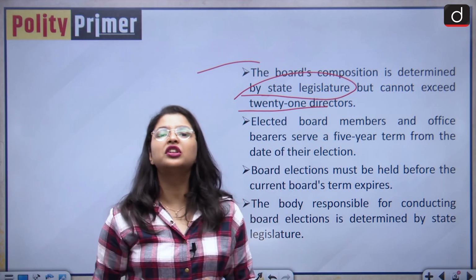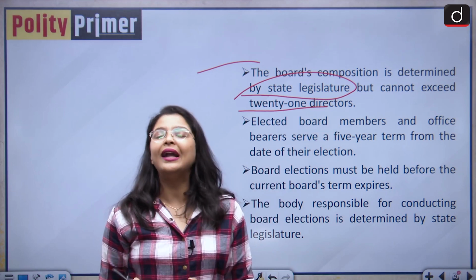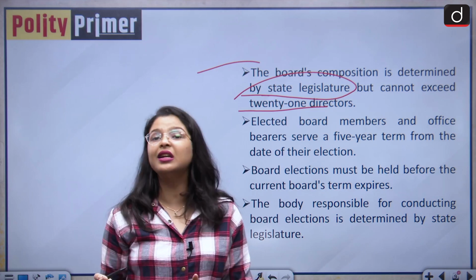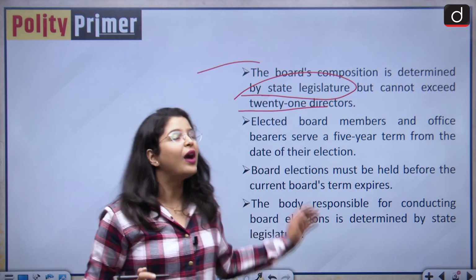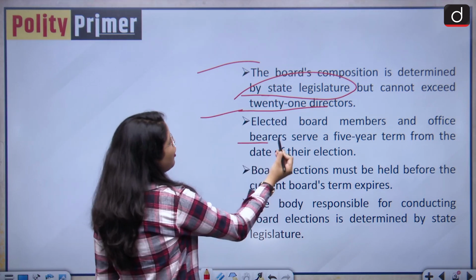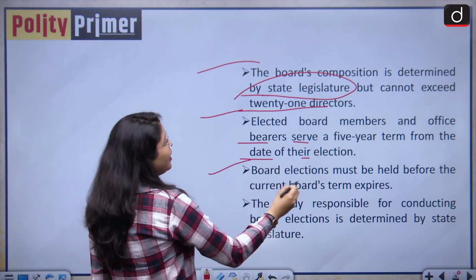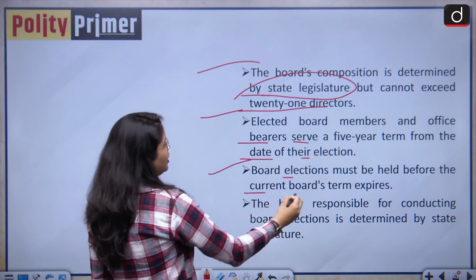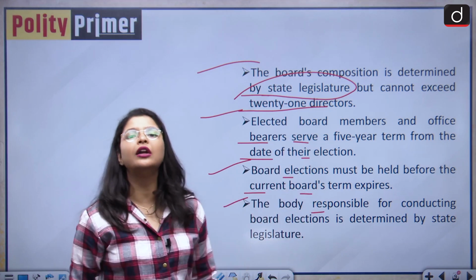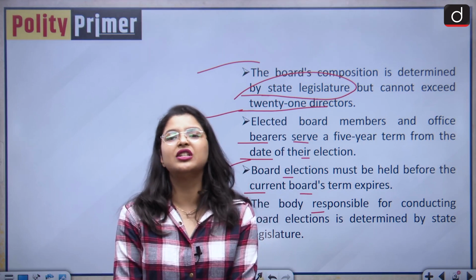Okay, so this is a restriction that has been placed on the power of the state legislature through this article, and that is why it was challenged before the Honorable Supreme Court of India, that effectively the state legislature has the exclusive power, so why are you putting all these kinds of restrictions? So elected board members and office bearers serve a 5-year term from the date of their election, and the board elections must be held before the current board's term expires, and the body responsible for conducting these board elections is also determined by the state legislature.